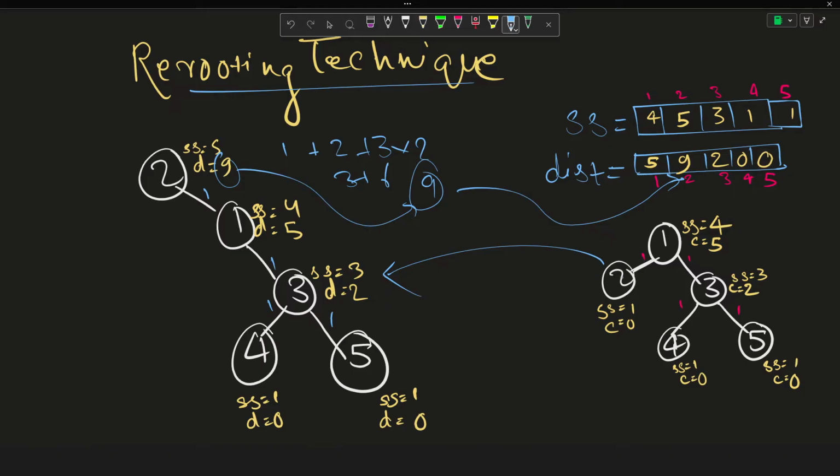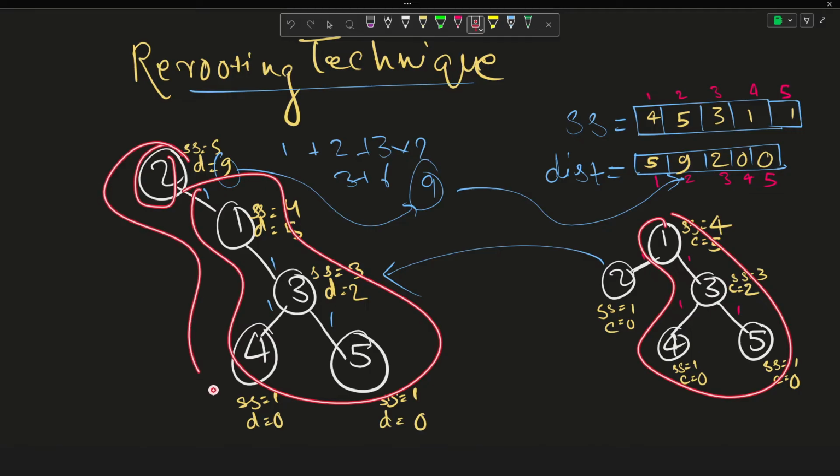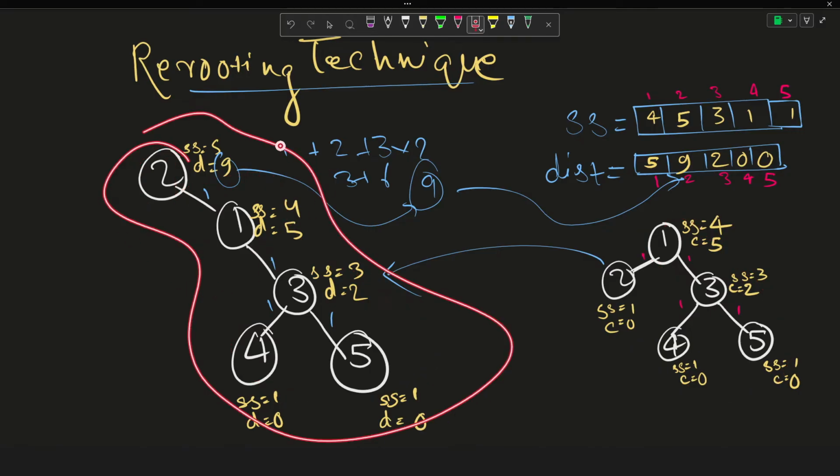Instead, just by removing the connection of this one from two in its arrays, and then again adding the result of the remaining tree, that is this tree, back to the 2, and thereby getting the full tree completely. So this is how the rerouting works.